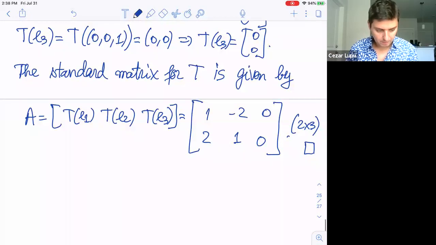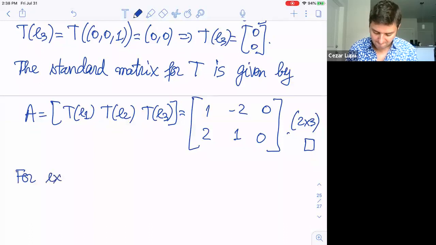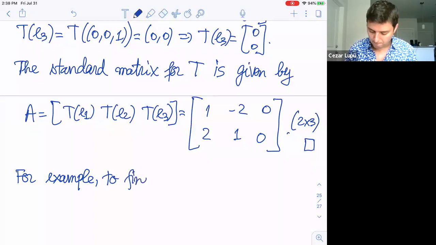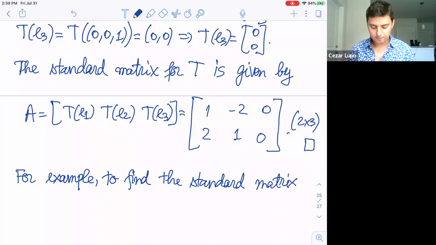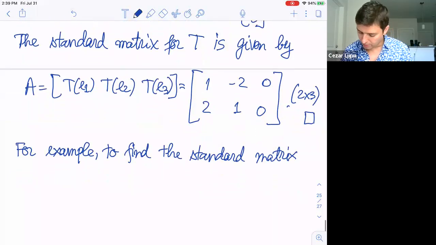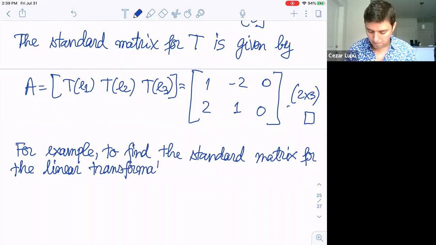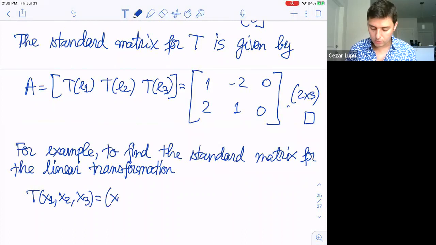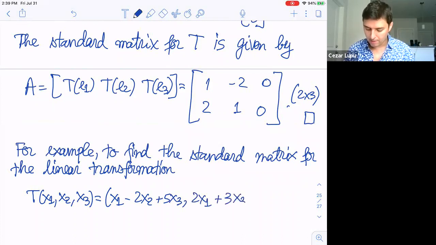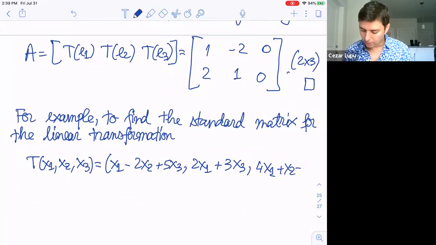For example, to find the standard matrix for the linear transformation T of x1, x2, x3, which is x1 minus 2x2 plus 5x3, 2x1 plus 3x3, and 4x1 plus x2 minus x3.